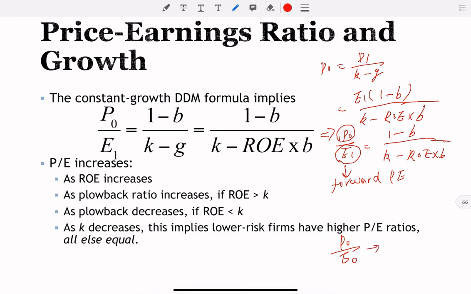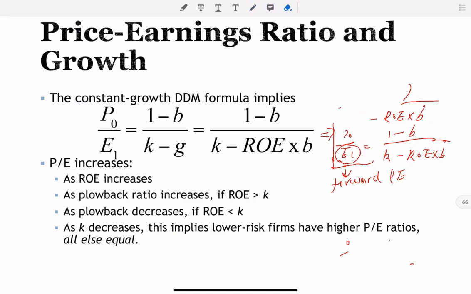In this case, you would call this the trailing PE ratio. But in this textbook, we will use the convention that we always calculate the forward PE ratio. Okay, now let me remove the proof here.